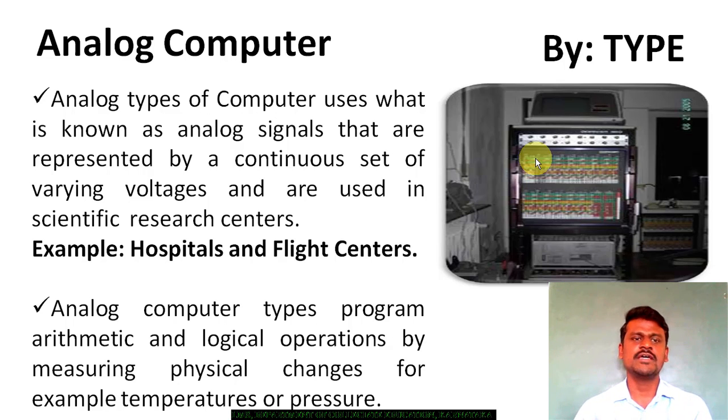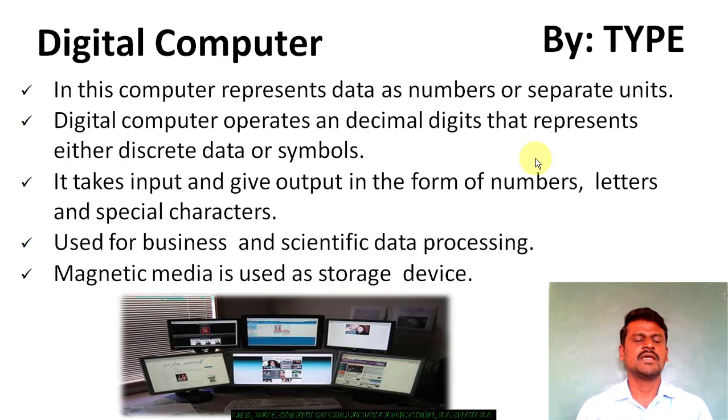We will move on to the next computer now. Next is digital computers. Digital computers are the same as personal computers, as we have seen in the earlier classes. These computers represent data as numbers in separate units.